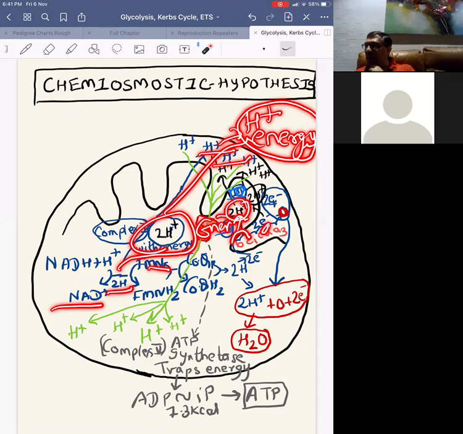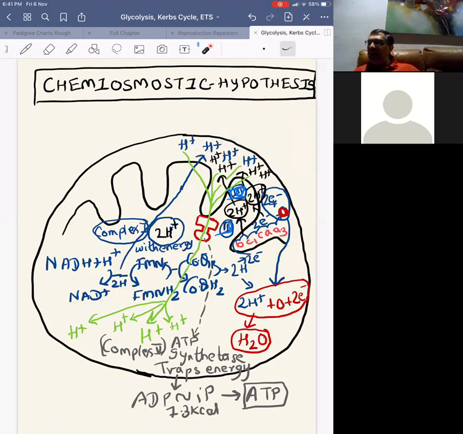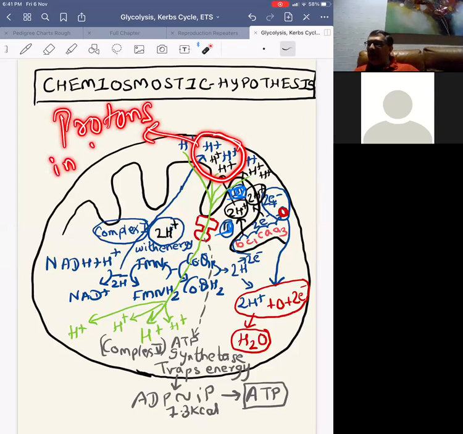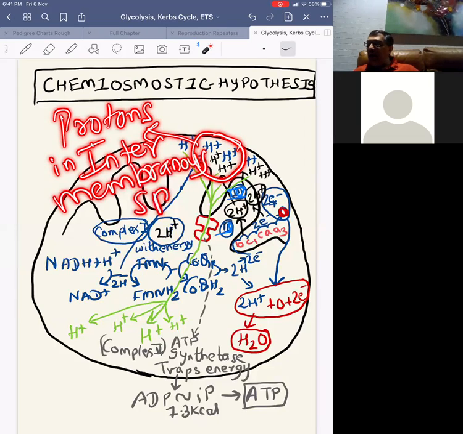And between A and A3, protons went out with energy. So all these protons in the intermembranous space are rich in energy. They have a lot of energy.